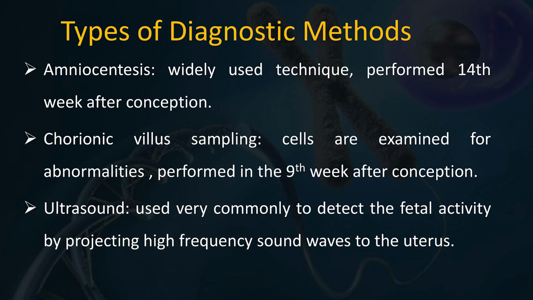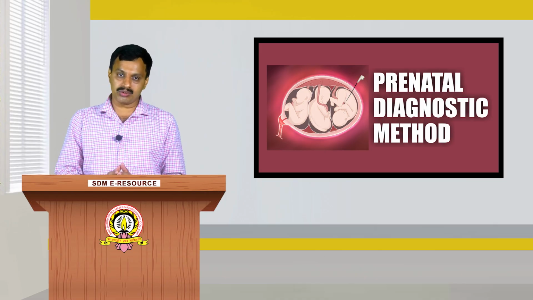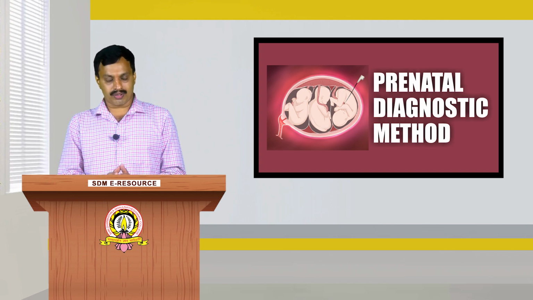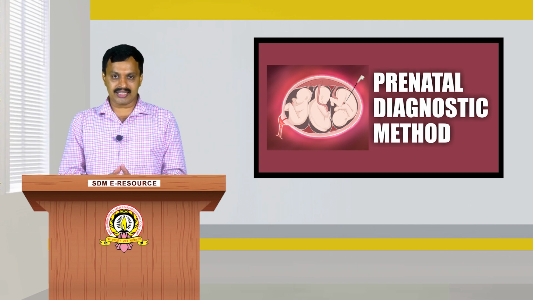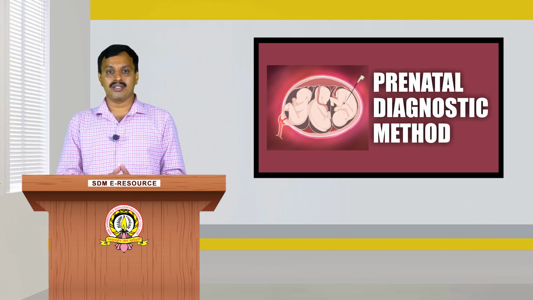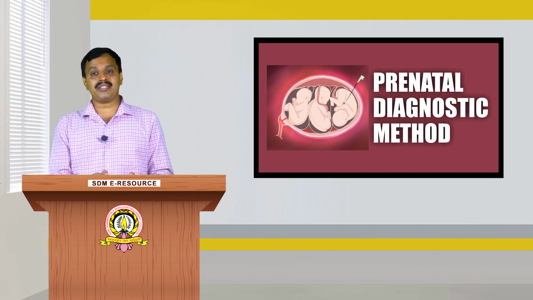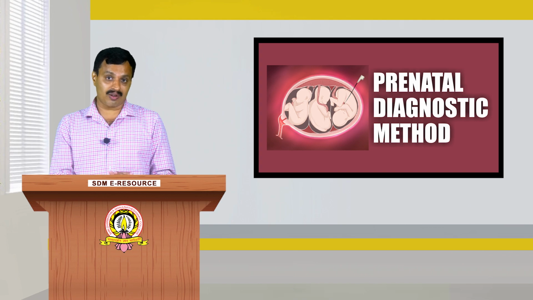First one is amniocentesis. What is amniocentesis? It is a widely used technique wherein the amniotic fluid from the amniotic sac is extracted through the uterine and or the abdominal wall, and it is tested for abnormalities or anomalies.